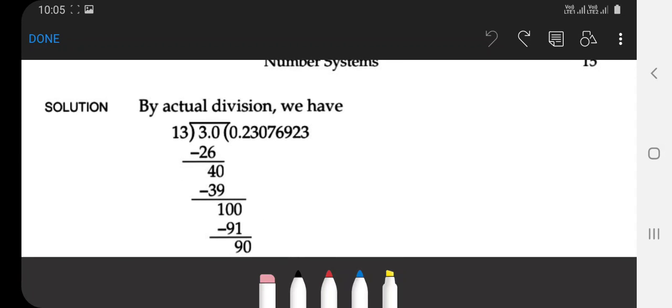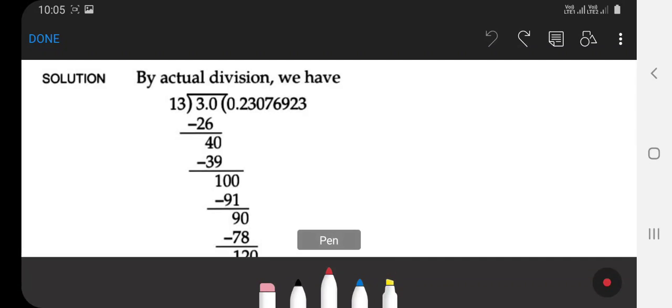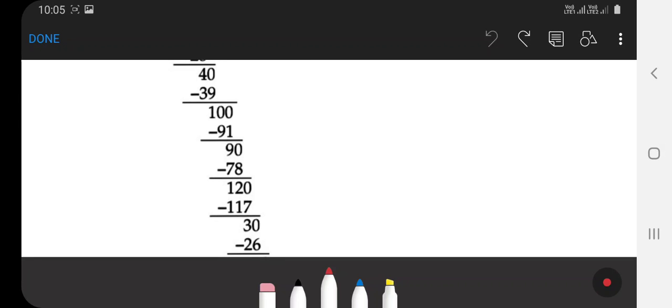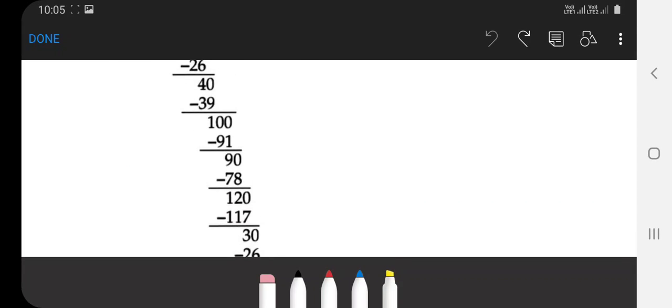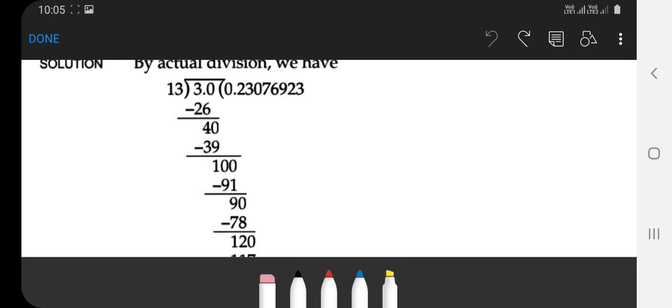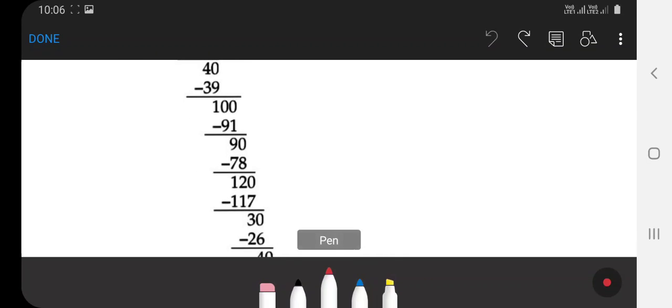You see 3, put a decimal, then 0, 30, 13 twos are 26, remainder is 4, 13 threes are 39, remainder is 1, 10, 13 sevens are 91, remainder is 9, 13 sixes are 78, remainder is 12, 13 nines are 117, remainder is 3, then 13 twos are 26, remainder is 4, and 13 threes are 39, remainder is 1.